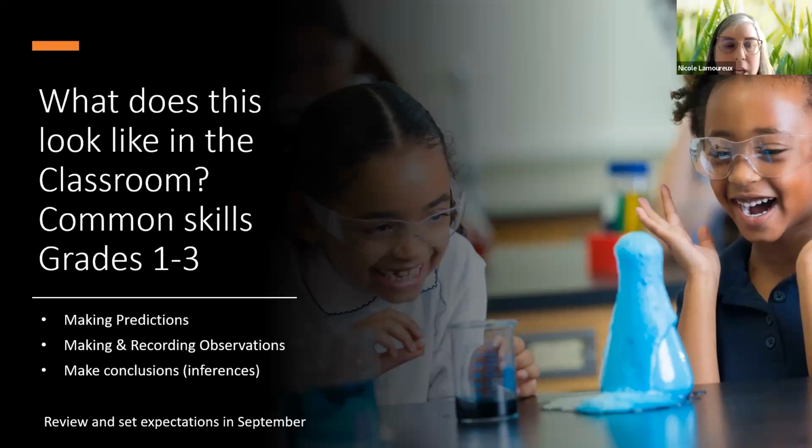Okay, so now the question that is in all our minds is anticipating, what does this look like in our classroom? And what I put down at the bottom is, for grades 2 and 3, I'm going to highlight the common foundational skills. So you're going to start in September. You've got 4 weeks to introduce the scientific methods. I would begin the first week or so, and I gave you some lessons for that, particular to your grade level.